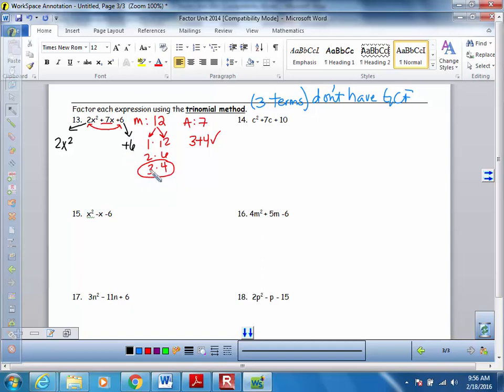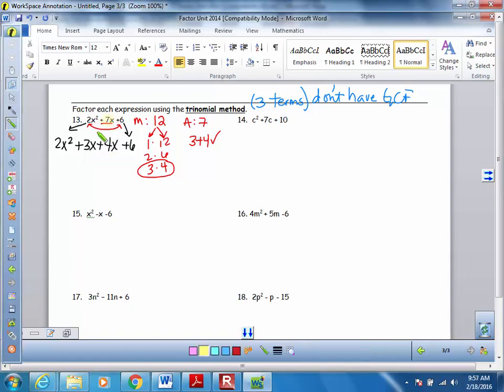Then we take 3 and 4, and we replace 7x with it. So plus 3x plus 4x. And the reason that works here is because if we added 3x plus 4x, that would give us 7x. So it's basically the same thing. We just broke it apart.